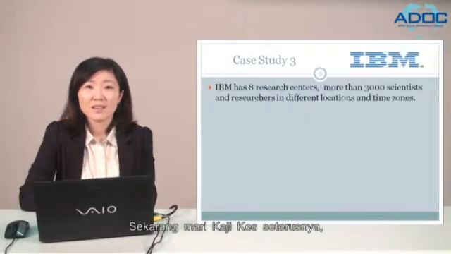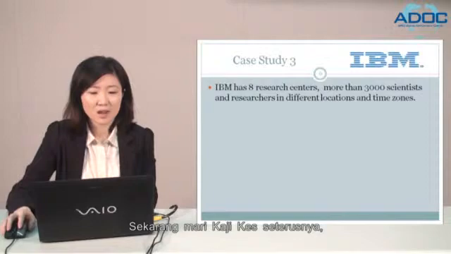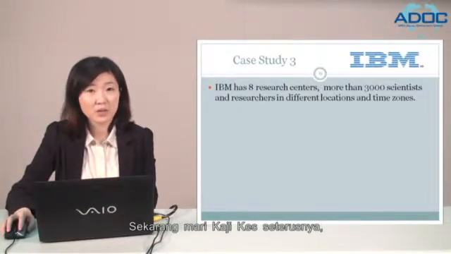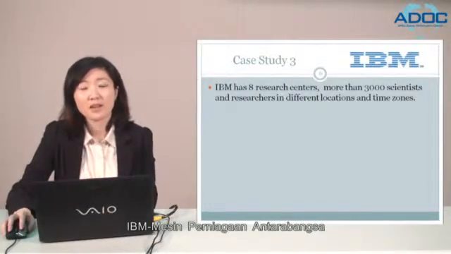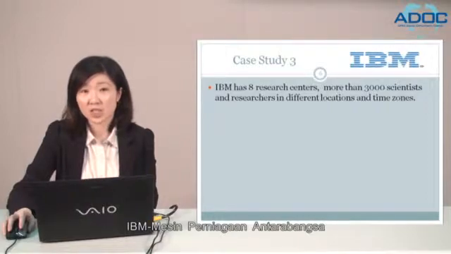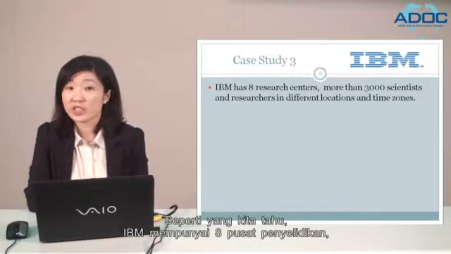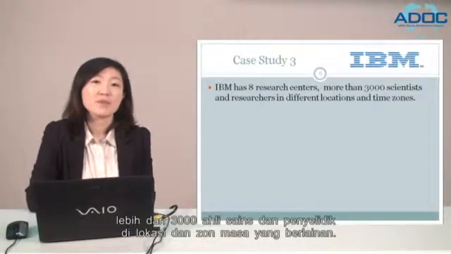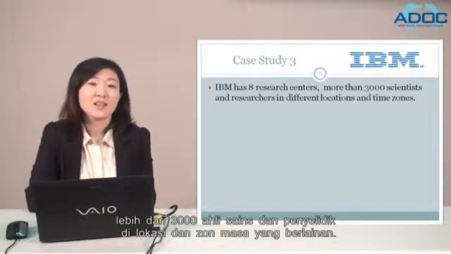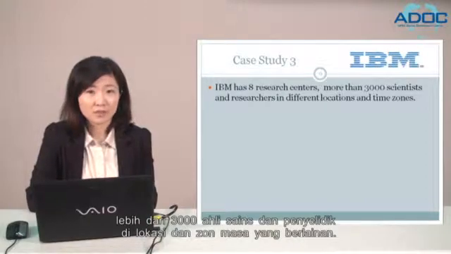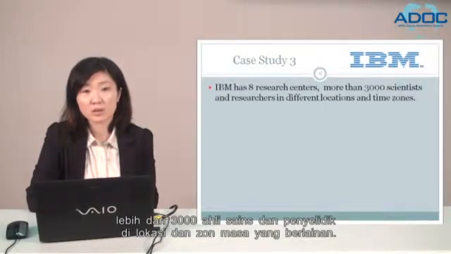Now, let's go on to the next case study. Number 3, IBM, International Business Machines. As we know, IBM has 8 research centers, more than 3,000 scientists and researchers in different locations and time zones.